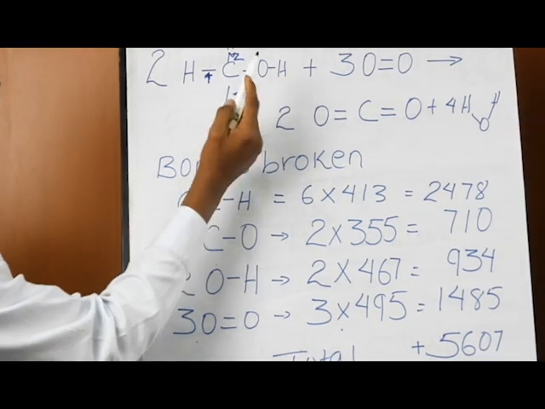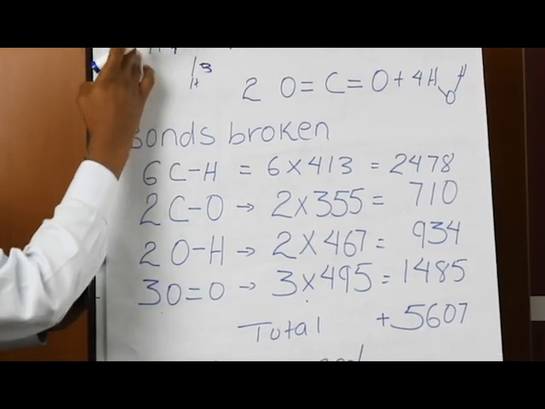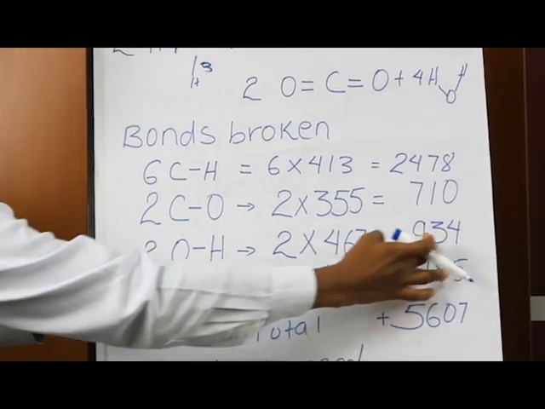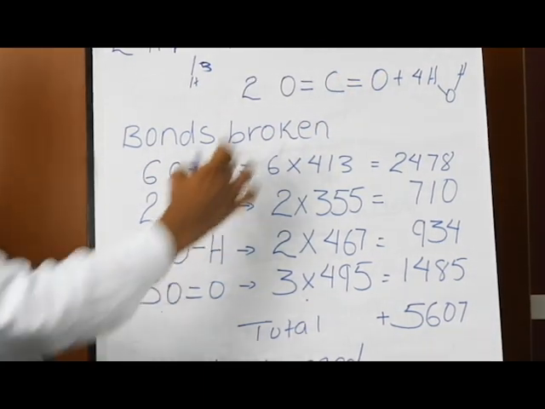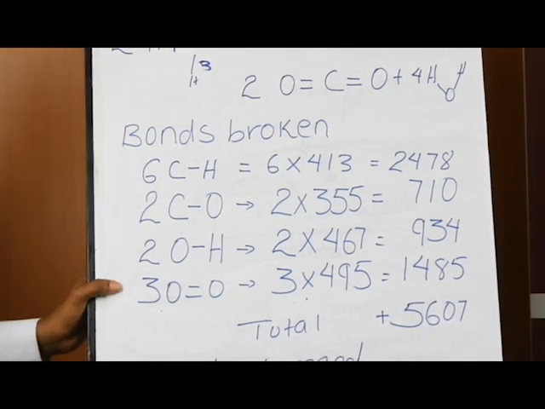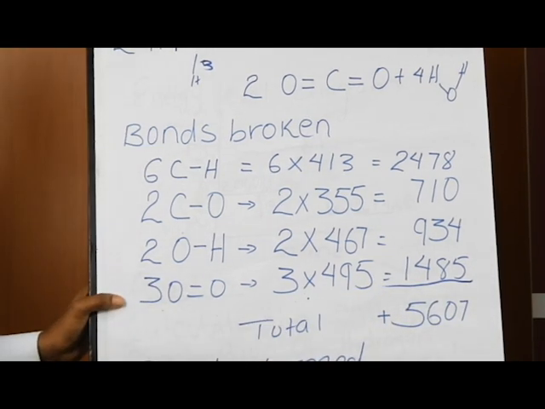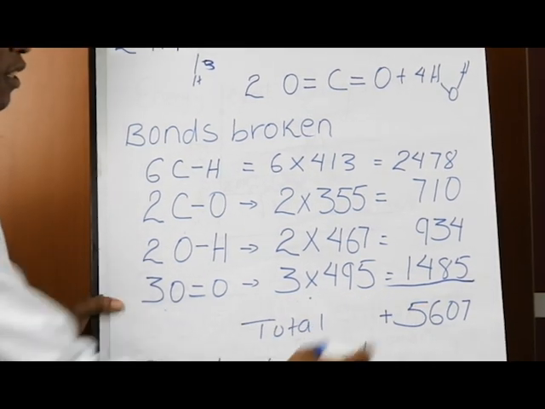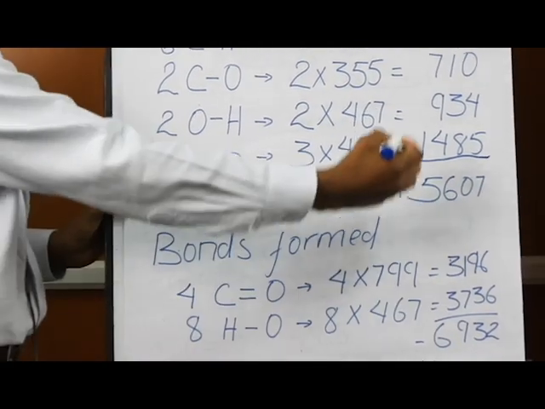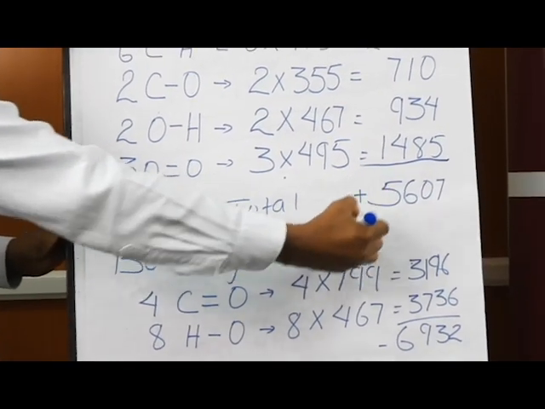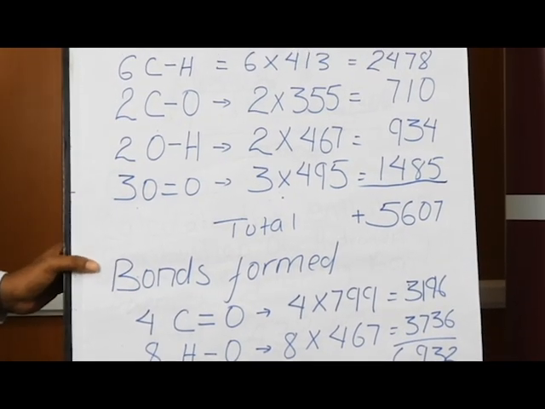Then I go on to break the oxygen to hydrogen bonds, and there are 2 of them, and all that energy will be required. Note, I also have to break the oxygen to oxygen bond. Then I get the total amount of energy required for bond breaking, and that gives me 5,607 kilojoules. Note that this is energy required because, as we have just said, bond breaking is endothermic.